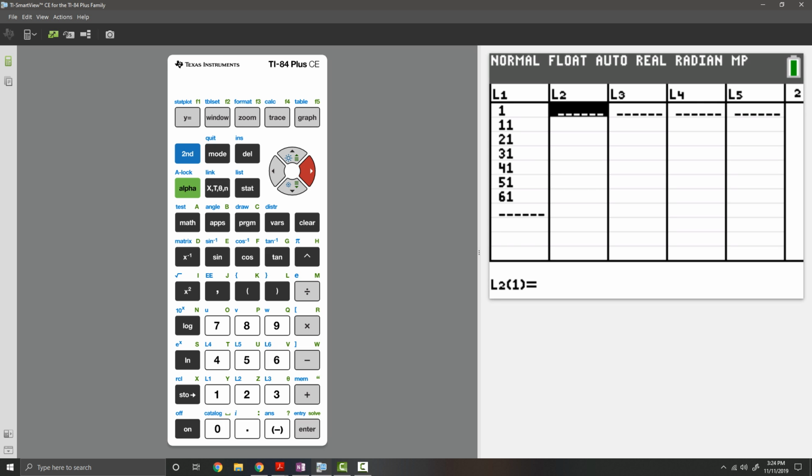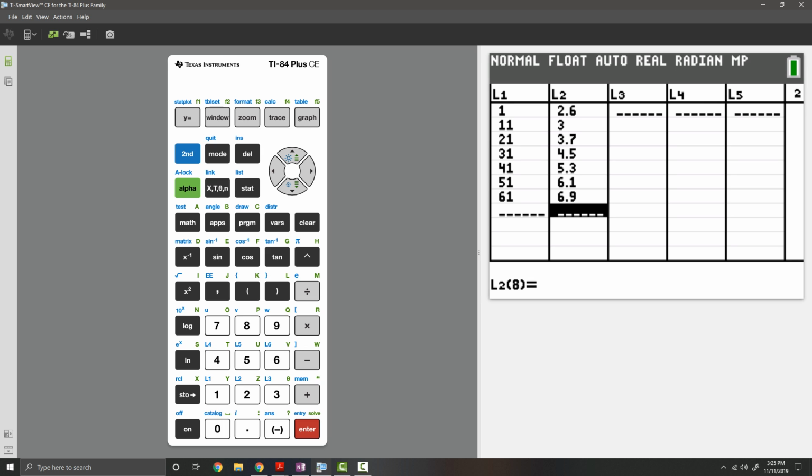And then in L2, I enter my Y values: 2.6, 3, 3.7, 4.5, 5.3, 6.1, 6.9, right?